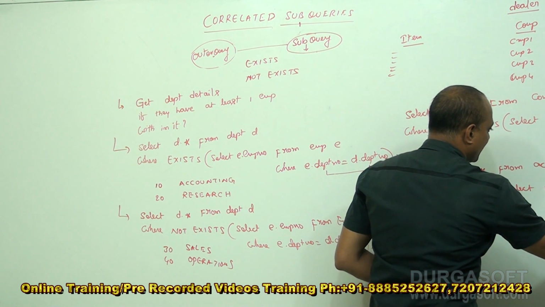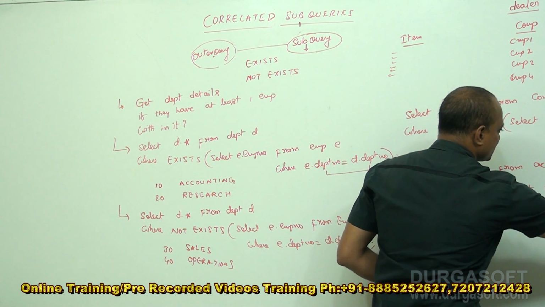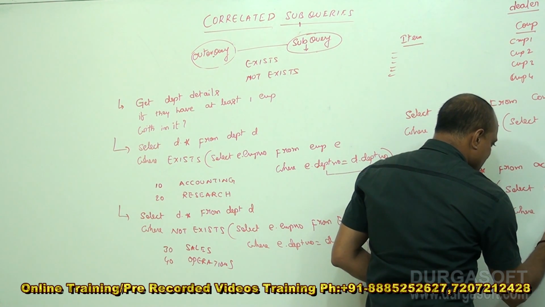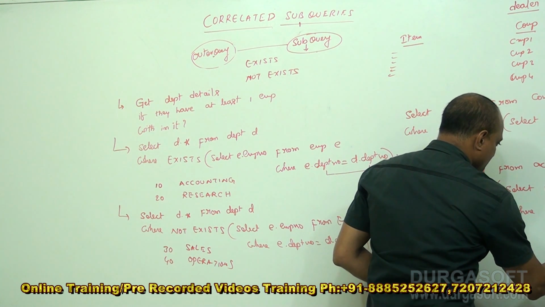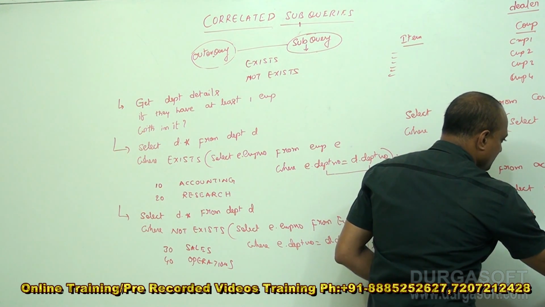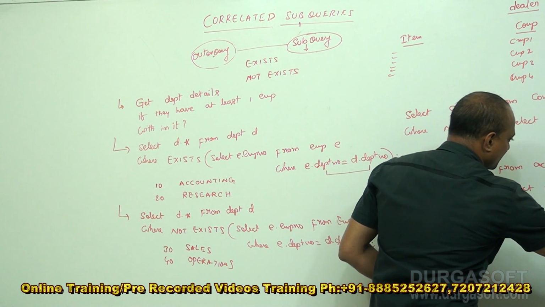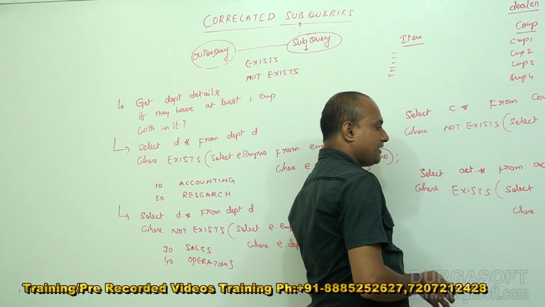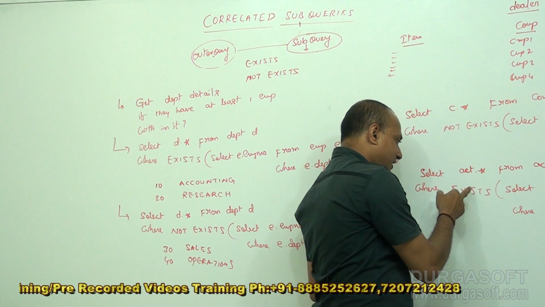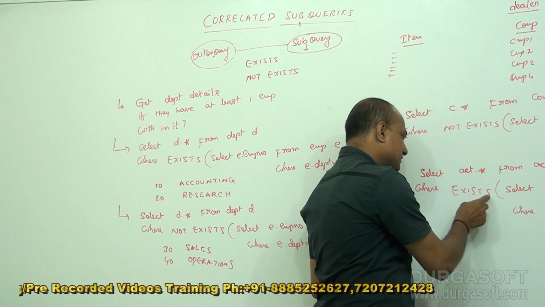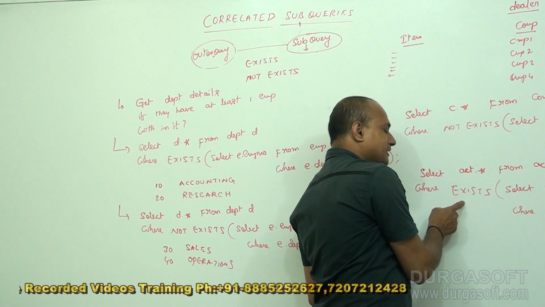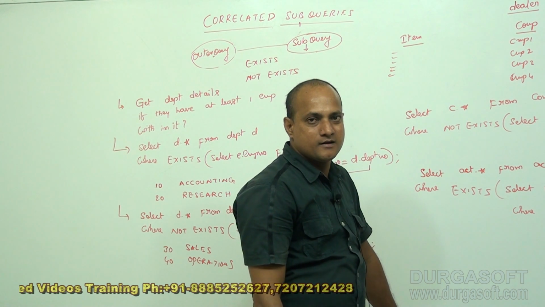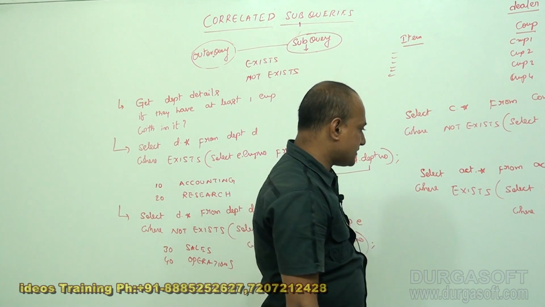Customer account details, CAD, where CAD dot account type is equal to ACT dot account type. If both are equal, then it will select one. If the exists operator sees some value, it returns true. If it returns true, then that corresponding account detail it will display.